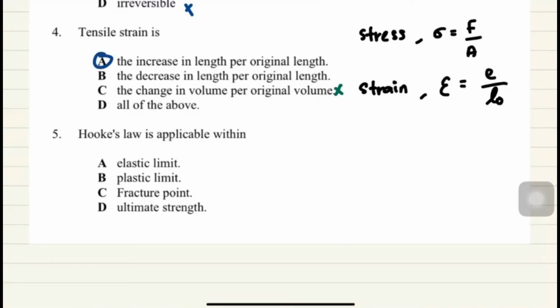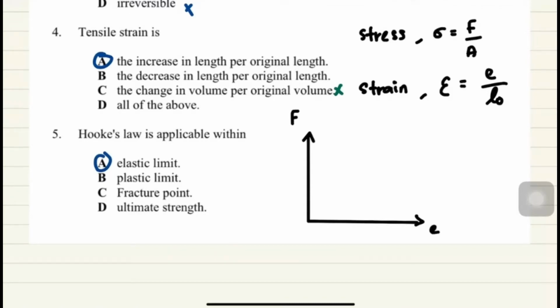Question number 5. Hooke's law is applicable within... Okay. The answer is A, elastic limit. Very good. If I try to draw yesterday's graph, if you still remember, we have a graph of stress against strain, or F against e.